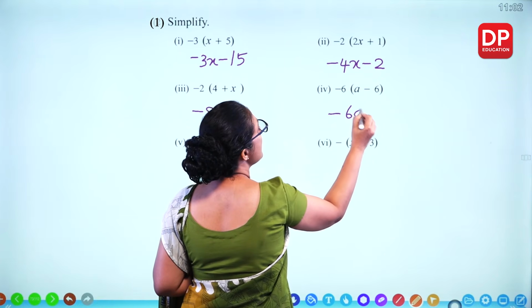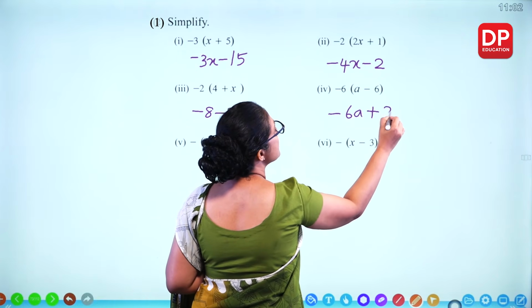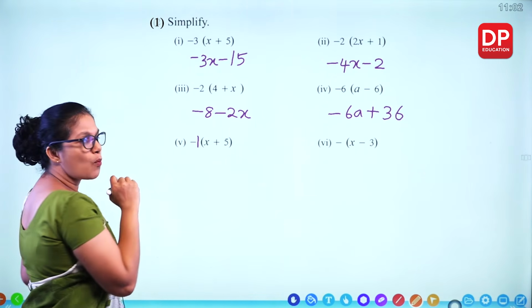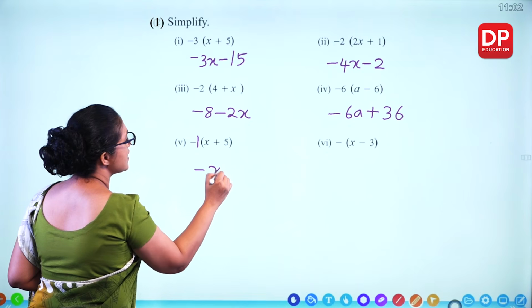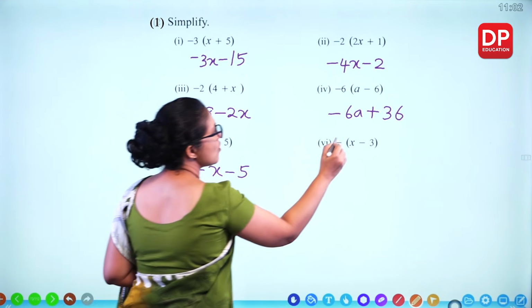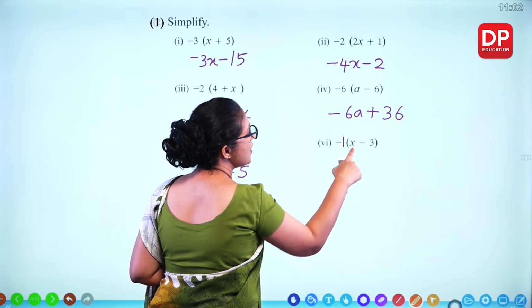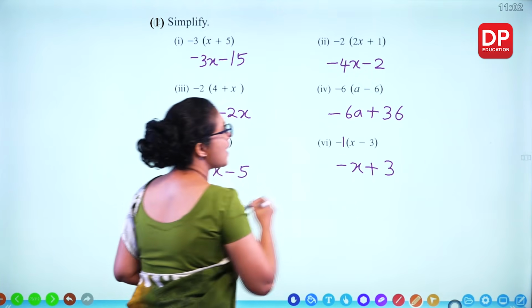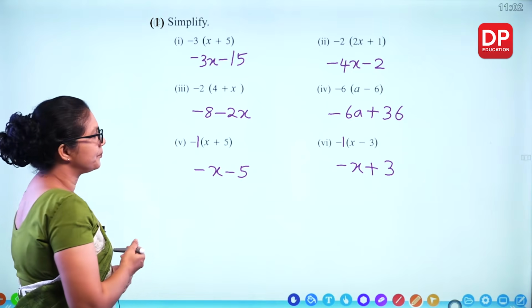Minus 6a, minus into minus plus 36. Here this is like 1. Minus x minus 5. This is also like 1 here. Minus 1 into x, minus into minus plus. So plus 3.